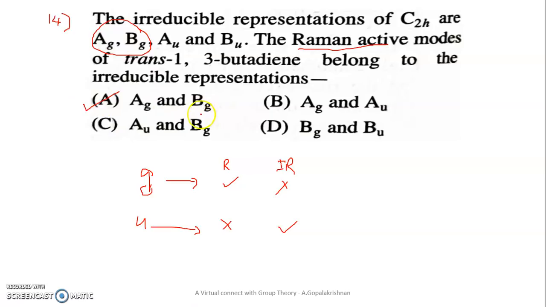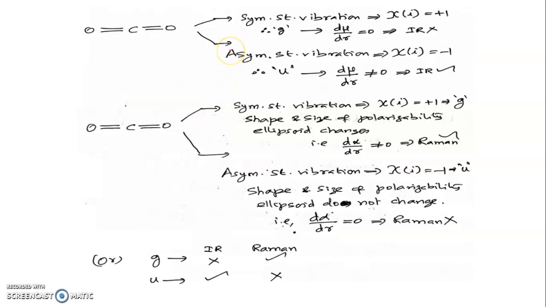Then here I would like to give some more information. I have given this already, but anyway, I will discuss it. I will give you some information again on IR and Raman active vibrations. Whenever a molecule possesses a center of symmetry, the vibrations may belong to gerade symmetry or ungerade symmetry.